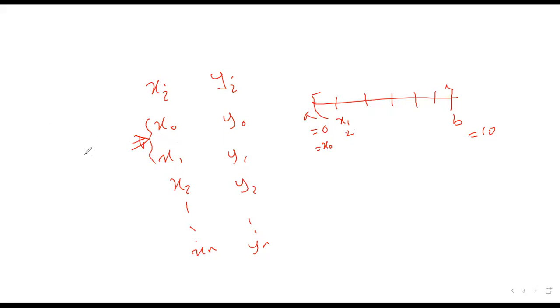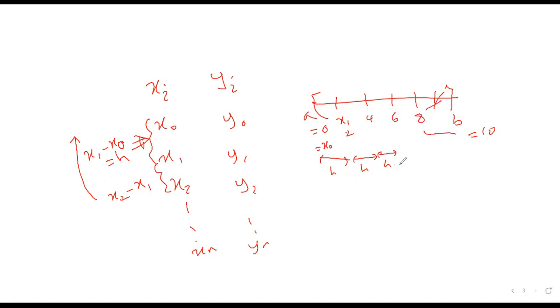So we are taking x1 minus x0, and in a similar way x2 minus x1. But what do you think about x2 to x0? Let's say this is my h. First of all, I'm taking the differences as equal, like 2, 4, 6, 8, 10. Here my h will be 2.